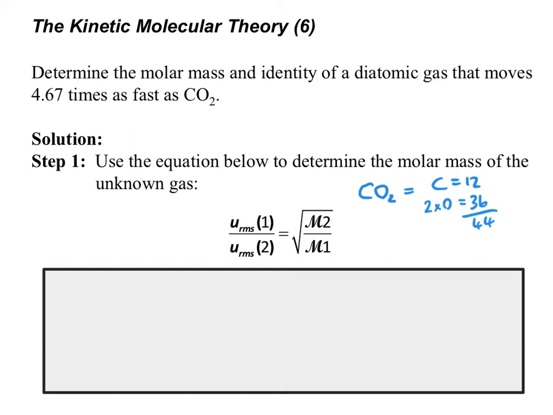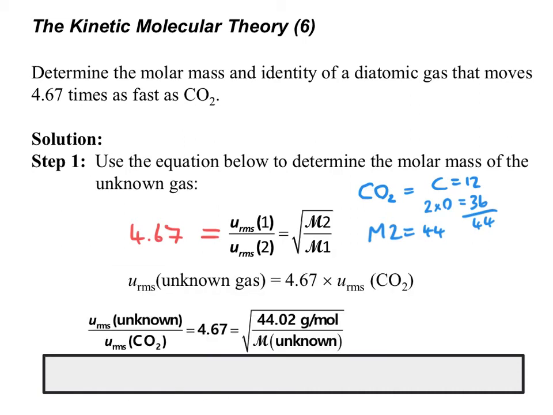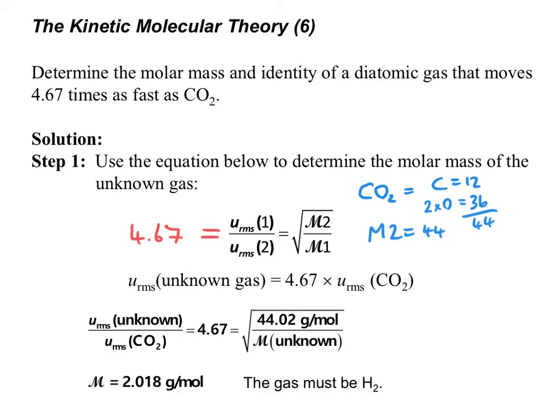Because we know the molar mass of carbon dioxide, which is 44 grams per mole. We also know that this equation equals 4.67. So if we put those numbers into the equation, we can solve for the mass of the unknown. When you plug it into the calculator, you'll find that the mass is 2.018, or just 2, which means that this gas must be hydrogen gas.